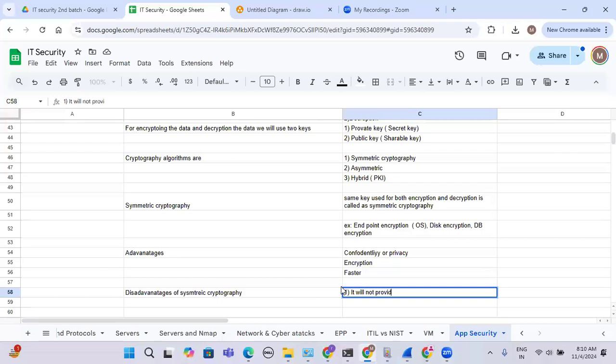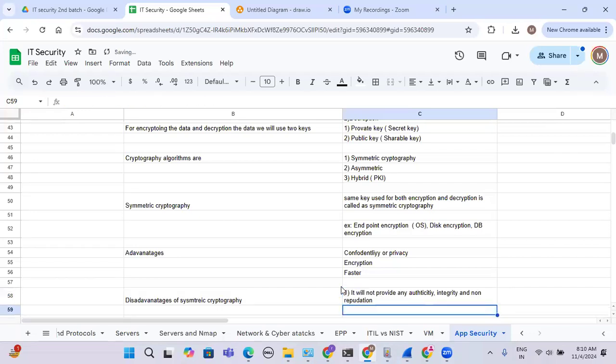It will not provide any authenticity and also integrity and non-repudiation. So that is one of the drawbacks. The second thing is it will use more number of keys.